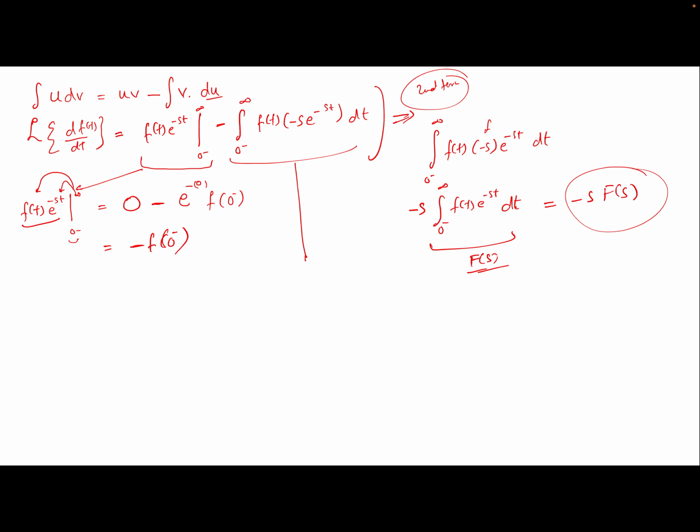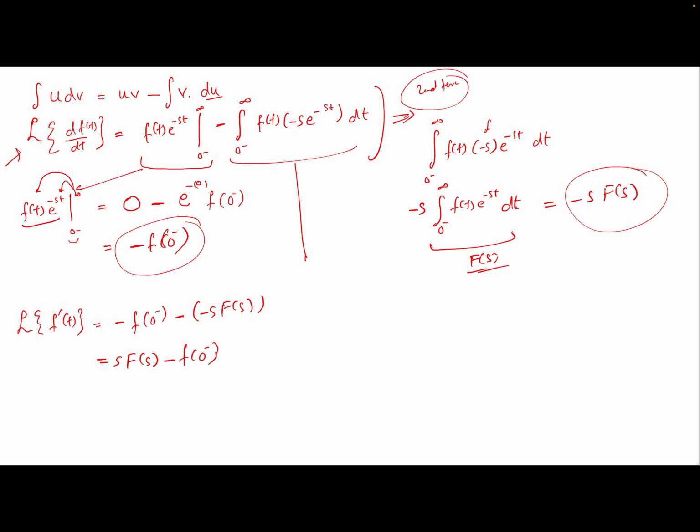Just replace this value and replace this value back into this equation. So your Laplace transform of the derivative of f of t should come out to be this first expression, minus f of 0 negative, minus this expression, minus s F of s. So this should be s F of s minus f of 0 negative. Nice.